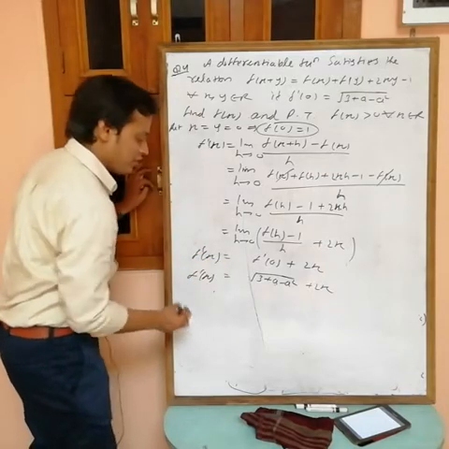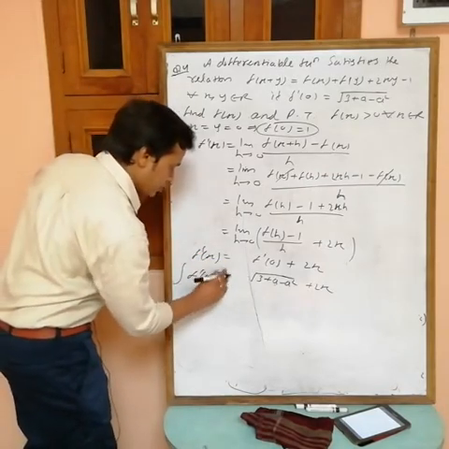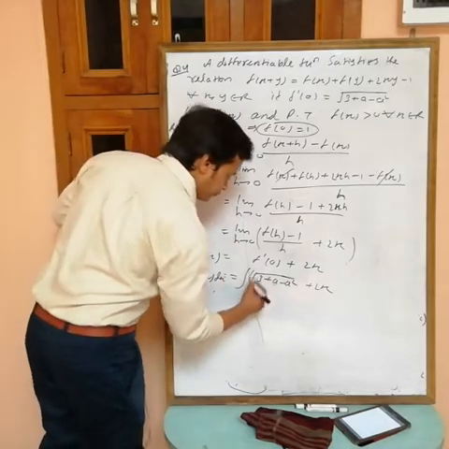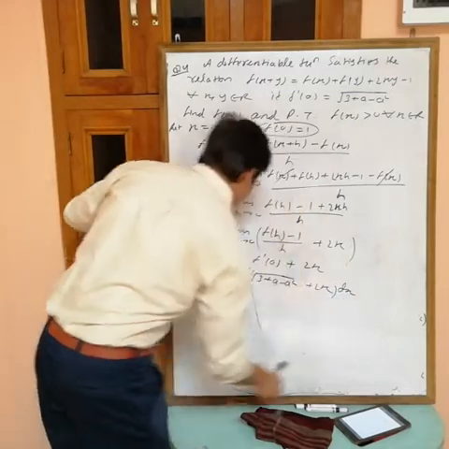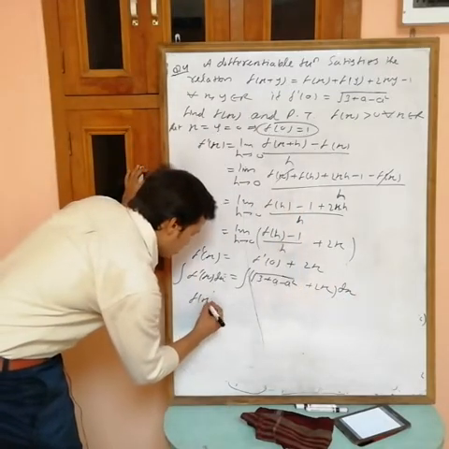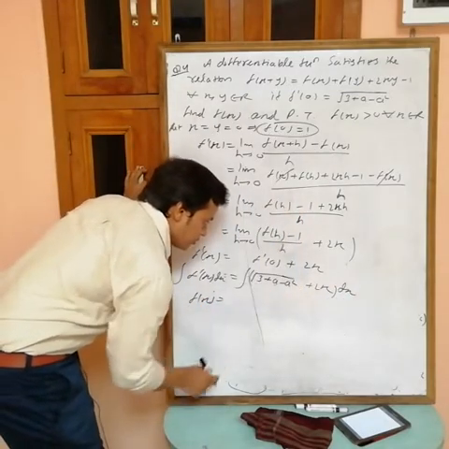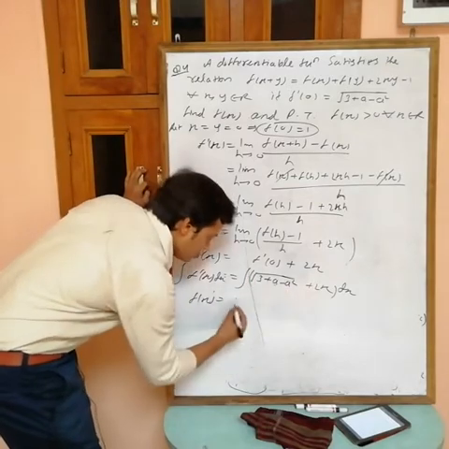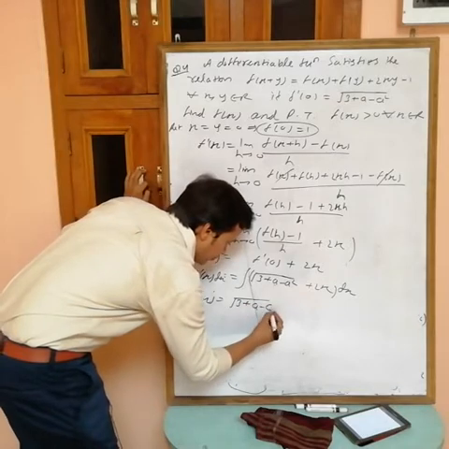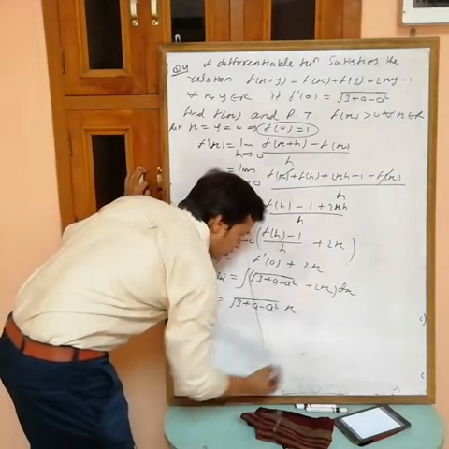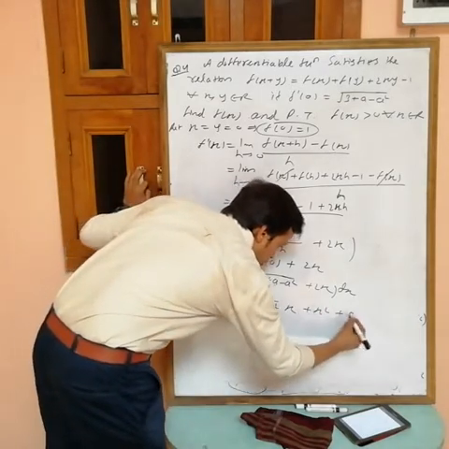Now what do we want? f(x). So integrate with respect to x. The integration of f dash x is f(x). The integration of this constant, root 3 plus a minus a square, is that into x. The integration of 2x is x square plus c.